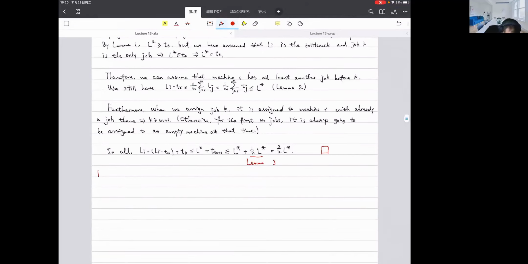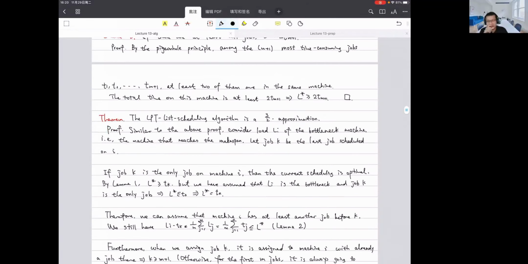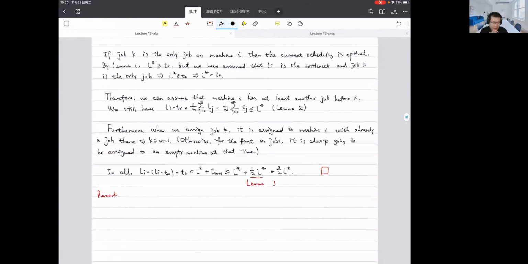A remark that we want to give here: maybe you want to ask, in this proof that achieves the 3/2 approximation, we only look at one job before K, using lemma 3. In particular, we can further improve the analysis by looking at more jobs, using the pigeonhole principle at a larger size, and having a more sophisticated analysis of the behavior of the greedy algorithm.